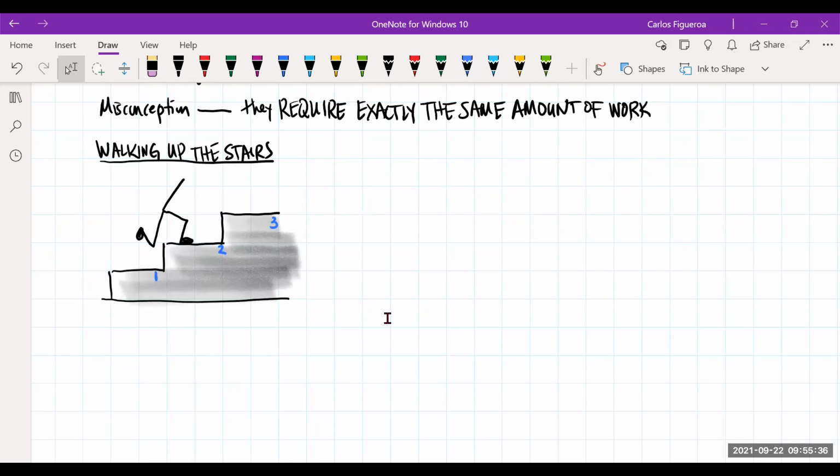That's an important question. So I'll ask here, what force makes you go up the stairs?